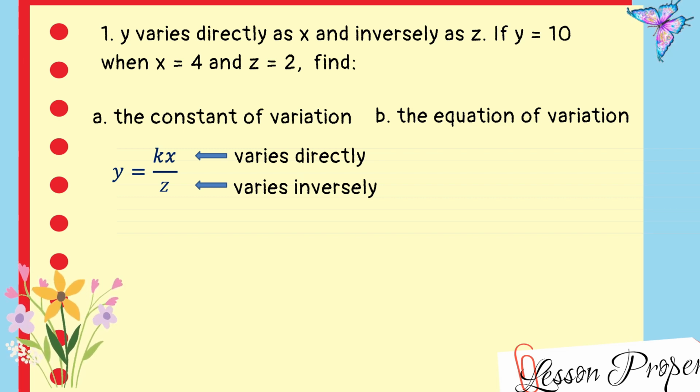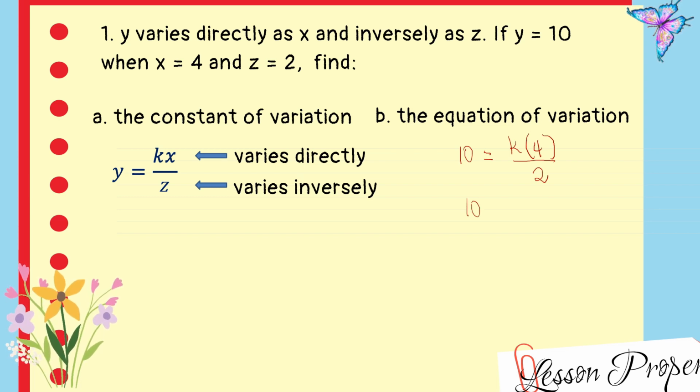Since y equals 10 when x equals 4 and z equals 2, let's substitute the given values to the equation. Y equals 10, x equals 4, and z equals 2.